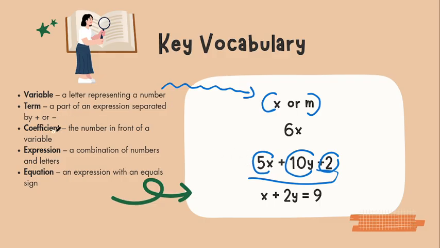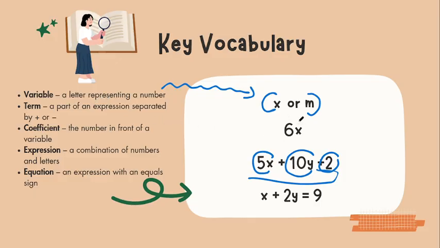Well done. Now, coefficient. That means the number in front of a variable. Actually, what does it mean by the variable? Yeah, a letter representing a number.